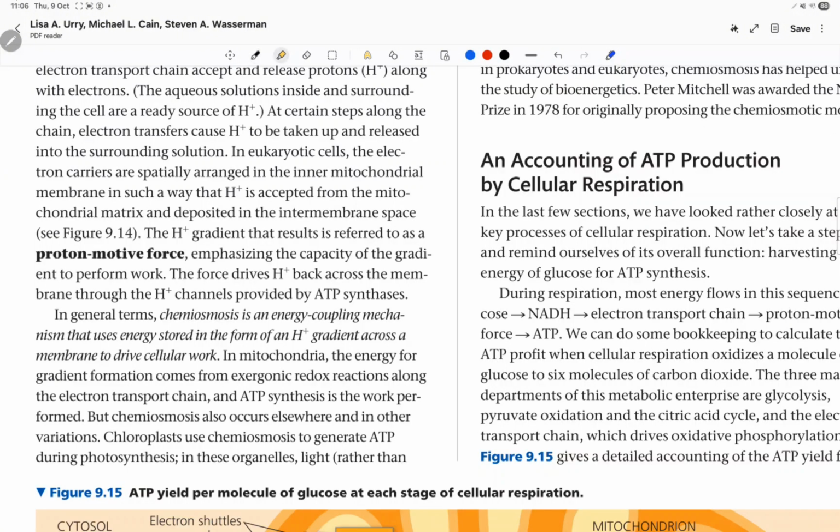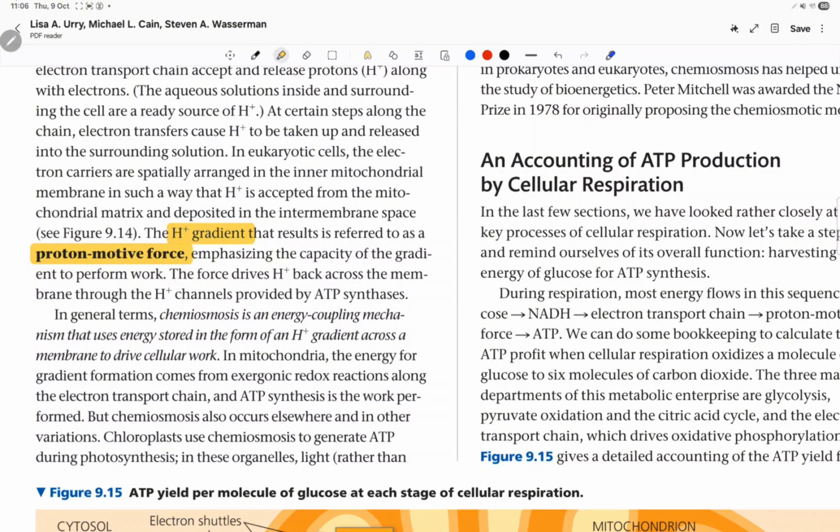So whenever you see a proton gradient or a proton motive force, that's the result of the accumulation of H plus in one area, which is called the intermembrane space, resulting in an H plus gradient. What does gradient mean? It just means concentration of something in one area. And now when the H plus flows back through ATP synthase, this makes the making of ATP possible.